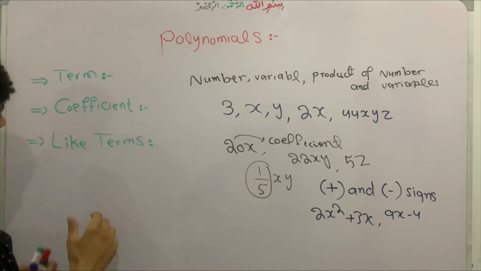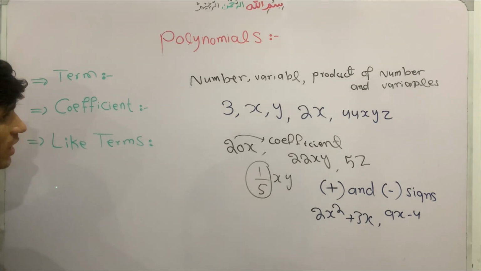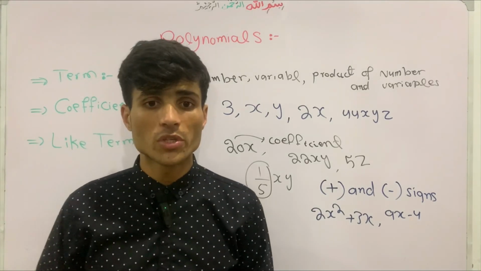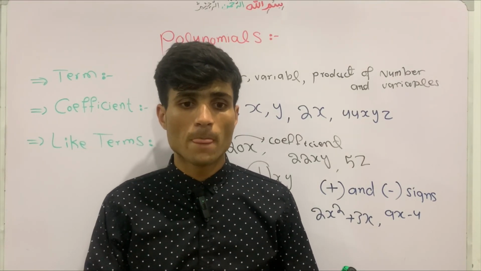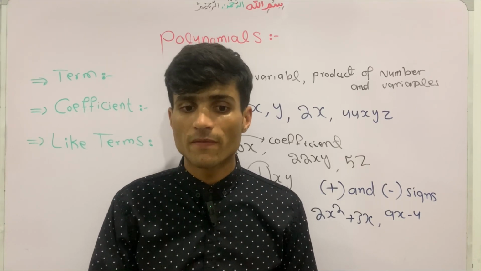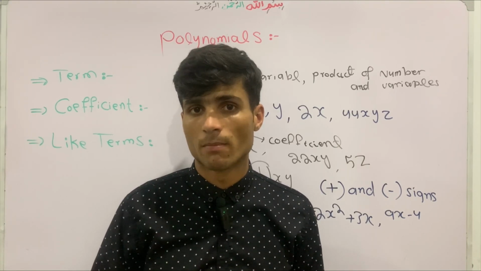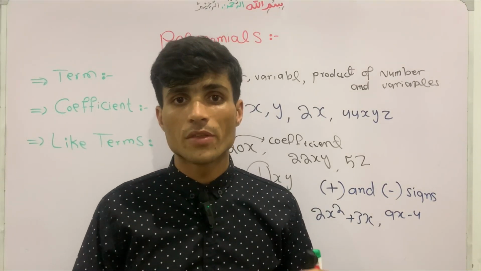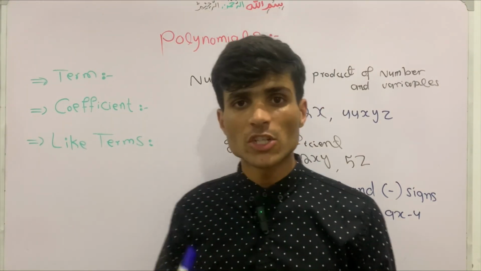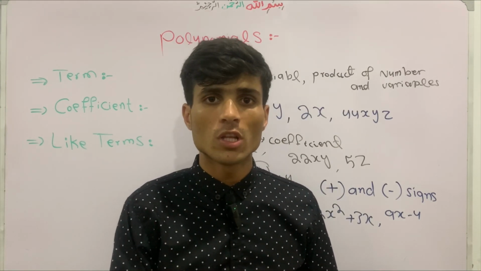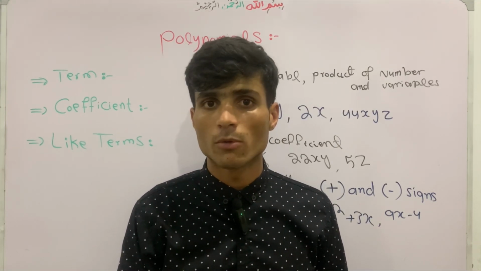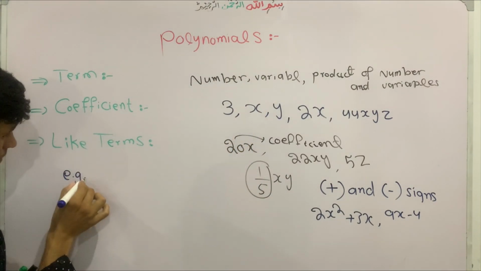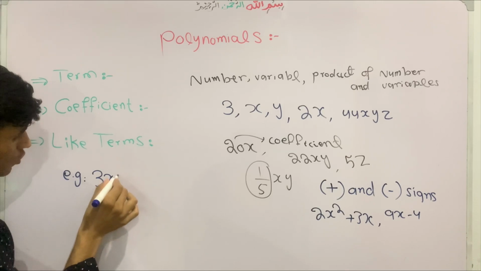Now, when it comes to like terms, okay? The like terms are those terms whose variable and the variable power should be the same. Two terms could be the same, sorry, the like terms, if their variable and the power of their variable are the same. For example, 3x squared.